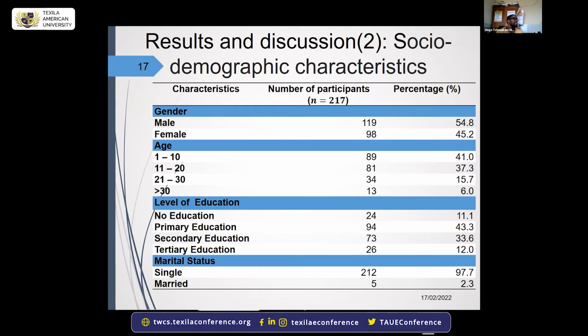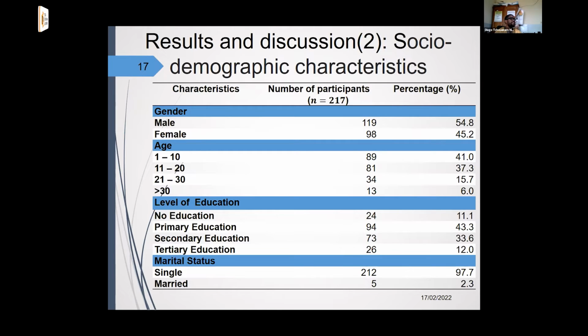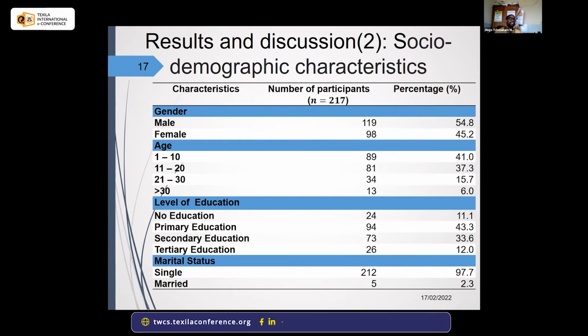Out of these 217 participants, 54% were male. The majority age groups represented were 1 to 10 years and 11 to 20 years.